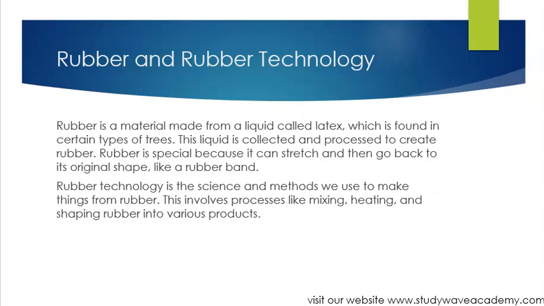Okay, so rubber is a special material that can stretch and return to its original shape. It is made from the sap of rubber trees and can be created in factories using chemicals.